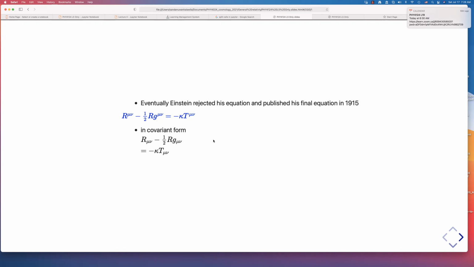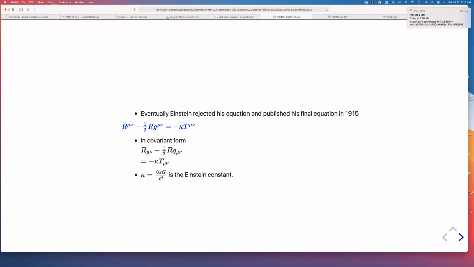And in this equation, what you have is the Ricci tensor, and the Ricci scalar is right here, right? R g mu nu and minus kappa T mu nu, and kappa equals 8 pi G over c to the power 4, which is the Einstein constant.